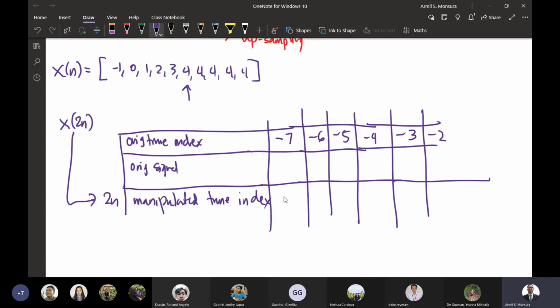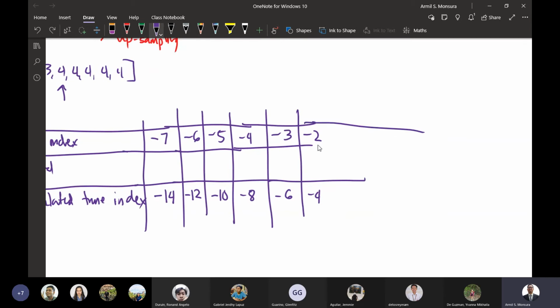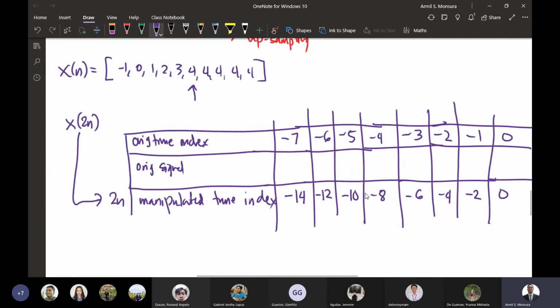Negative 14. Okay? Ito naman, negative 12. Ito, negative 10, and so on. Negative 8, negative 6, negative 4. Okay? Tingnan pa natin, negative 2, 0. That's the manipulated time index.